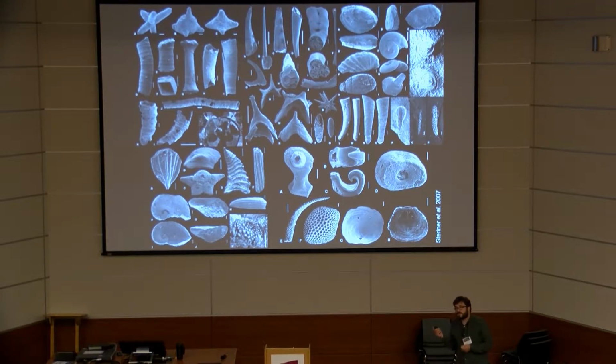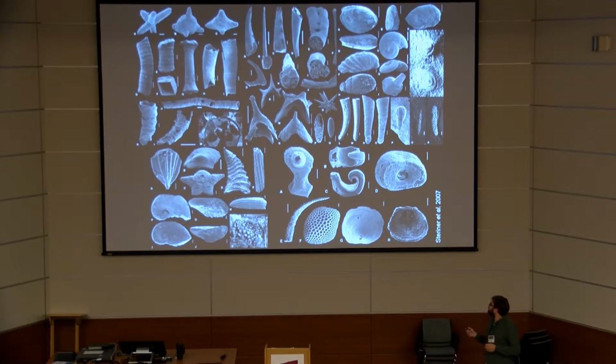Now, many of these still remain enigmatic, but increasingly they're being placed as members of modern skeletonizing groups. And also the small shelly fossils show us major changes in ecology through this interval.